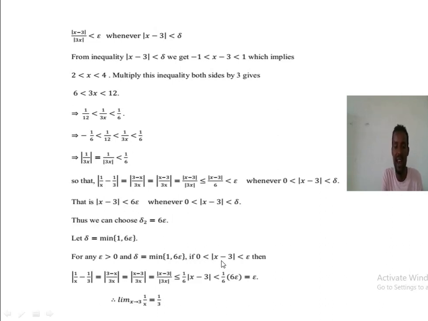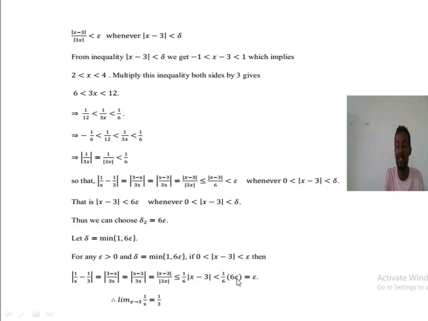If 0 is less than the absolute value of x minus 3 is less than delta, then the absolute value of 1 over x minus 1 over 3 is equal to the absolute value of 3 minus x over 3x, which is the same as the absolute value of x minus 3 over 3 times the absolute value of x, which is less than or equal to 1 over 6 times the absolute value of x minus 3, which is less than or equal to 1 over 6 times epsilon, as we have said.